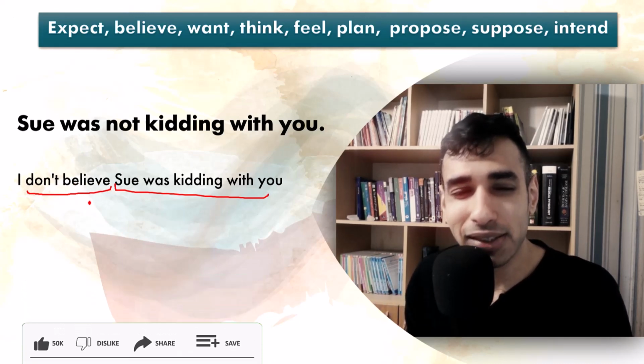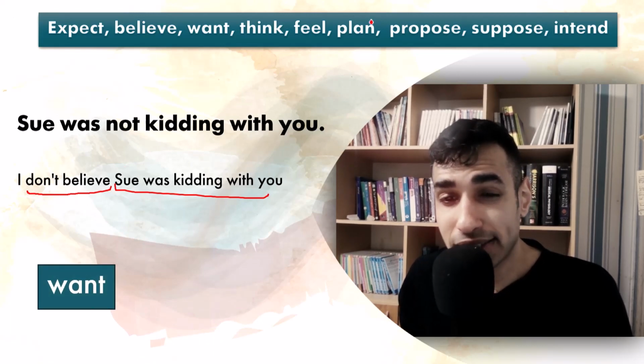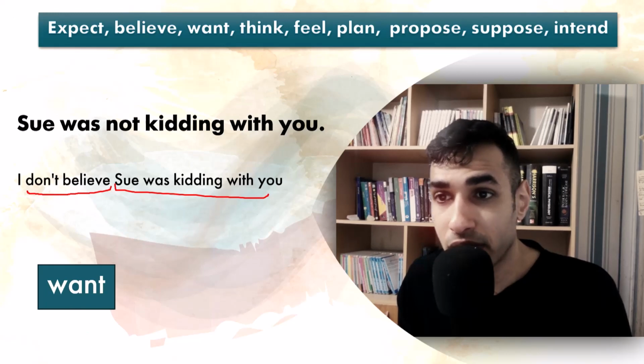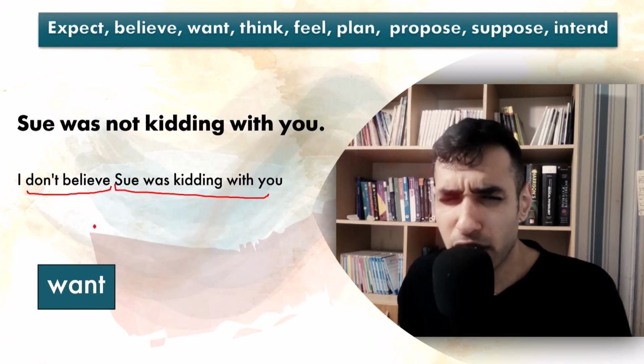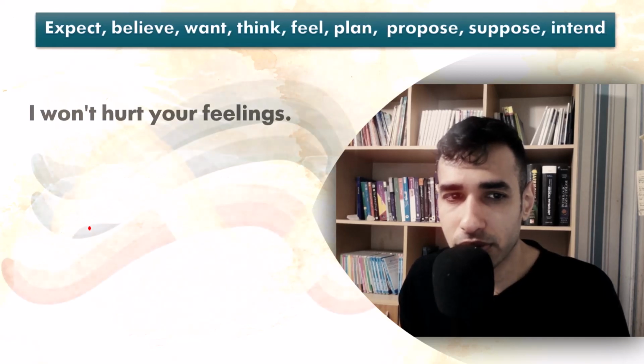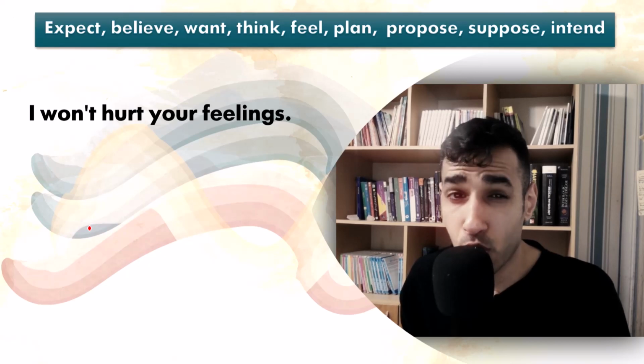And I want you to report this statement with the verb want, which is one of these verbs. I don't want Sue to be kidding with you. Another example. I won't hurt your feeling.